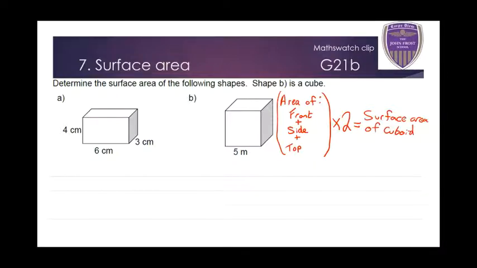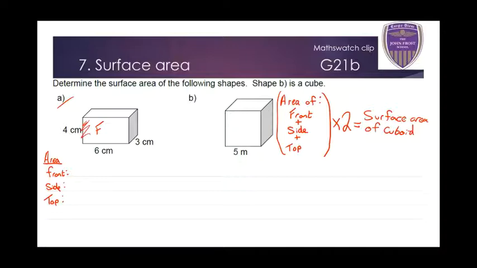So what does that look like in practice? Well, let's have a go at using this in practice now. Okay, so let's have a look at question A here. First of all, I need to find out the areas of the front, the side, and the top of this cuboid. Okay, so the front of the shape, so that's the front here.